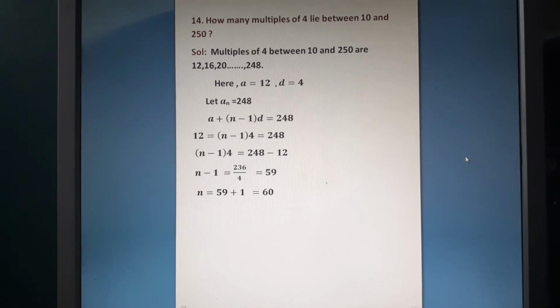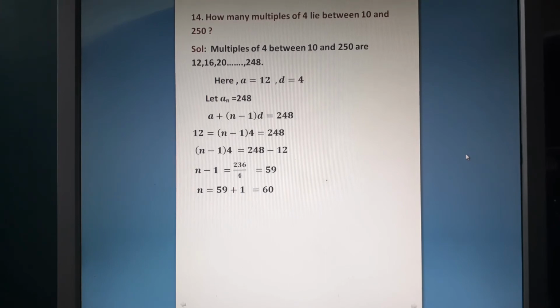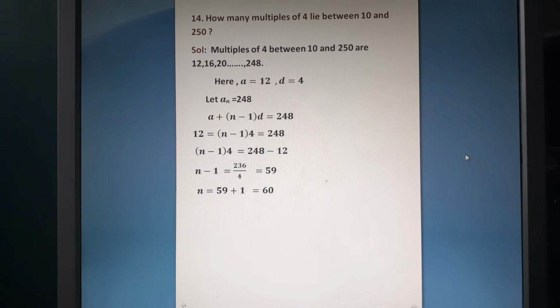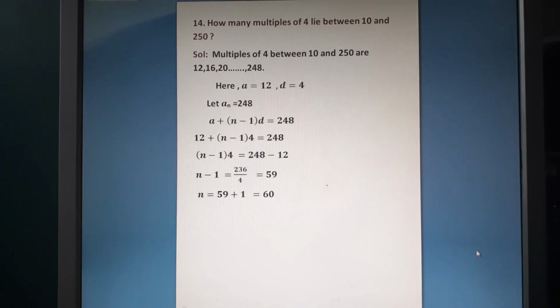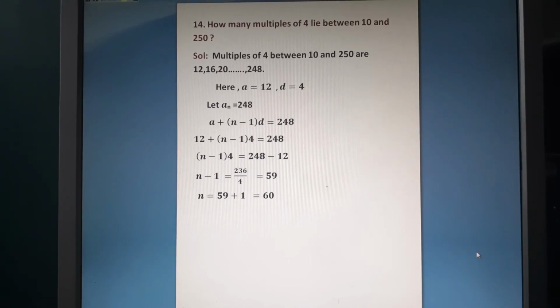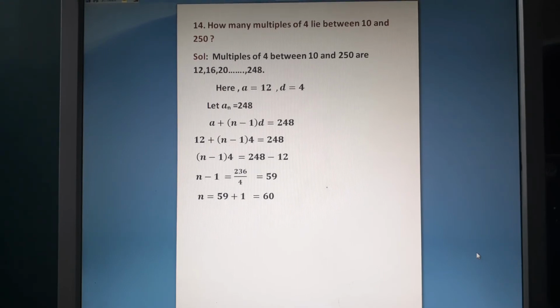Let An is equal to 248. An is equal to A plus n minus 1 into D, that is equal to 248. A is equal to 12. So 12 plus n minus 1 into 4 is equal to 248.